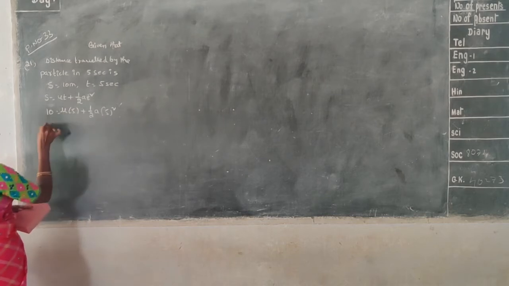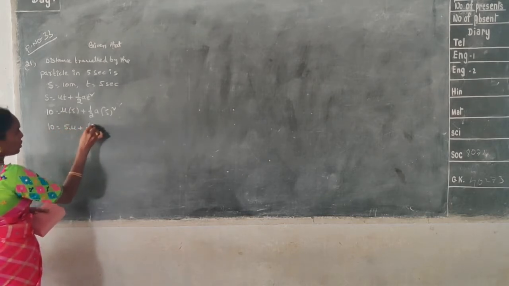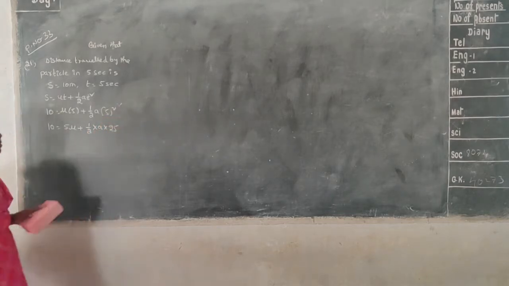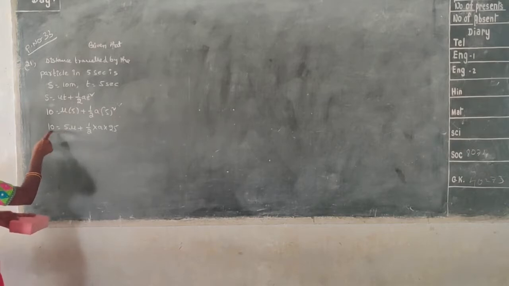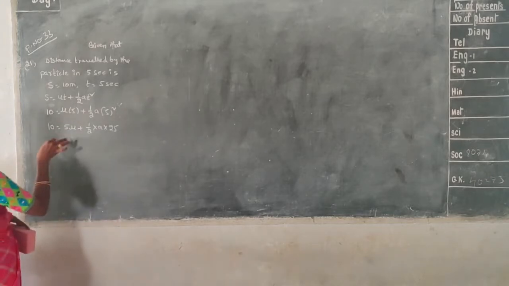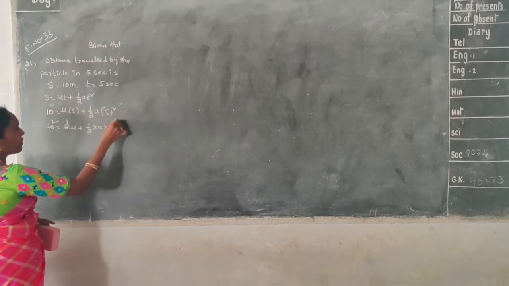This should be written as 10 is equal to 5u plus half into a into 25, 5 into 5 is 25. These are all multiples of 5, so we use the fifth table.